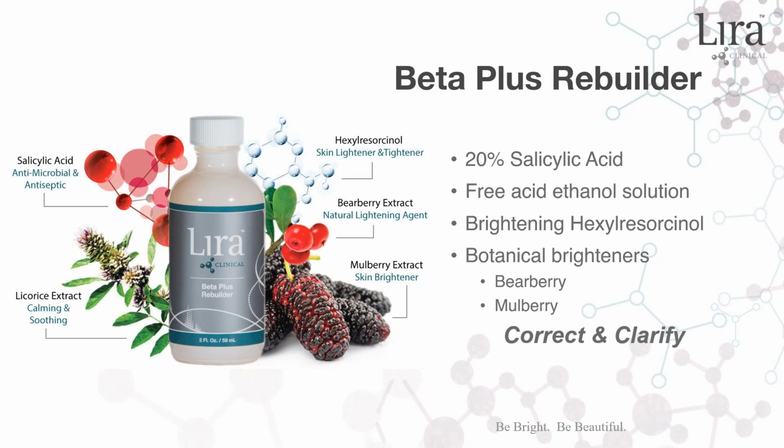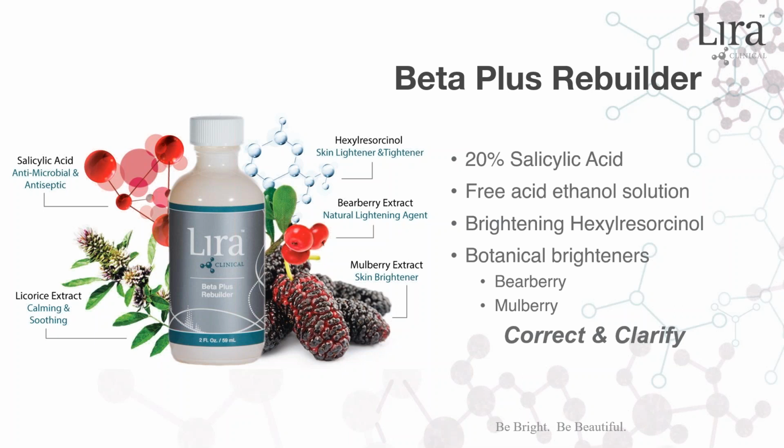So if you look at every single one of the ingredients that you find within our Beta Plus, with the salicylic acid, hexylresorcinol, licorice, bearberry, and mulberry, all of these ingredients have wonderful brightening properties. So once again, if you have that surface pigment, this works beautifully to help brighten the skin and slough off that unwanted darkened keratinocytes.